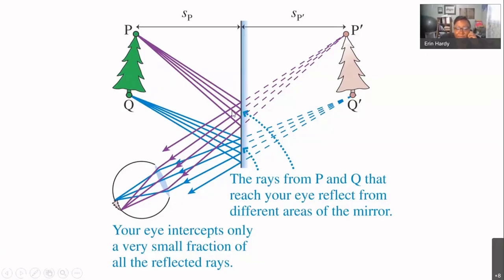So we've got these purple rays that just represent the top of the tree. So they are going to appear to diverge from a point that lies some distance SP behind the surface of the mirror. And then we can essentially confirm that the same thing has to be happening for the bottom of the tree and also all the points that are in between.